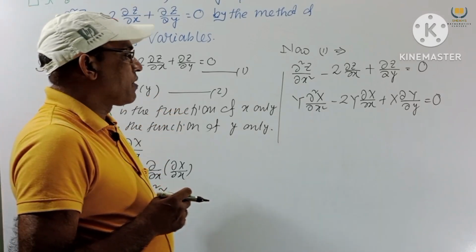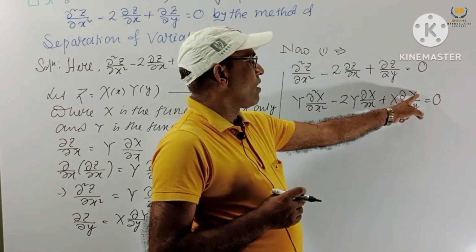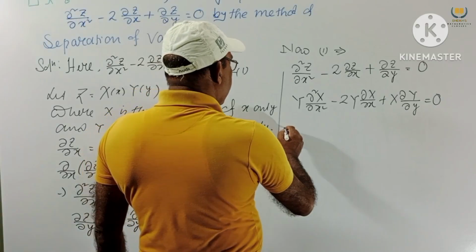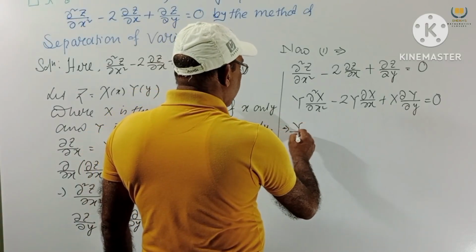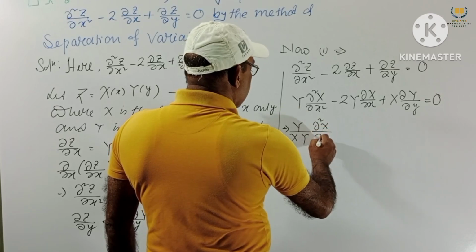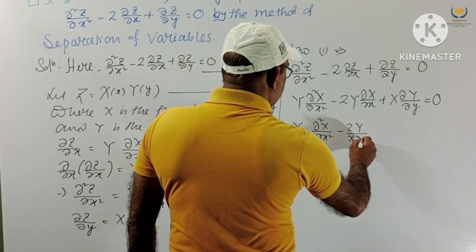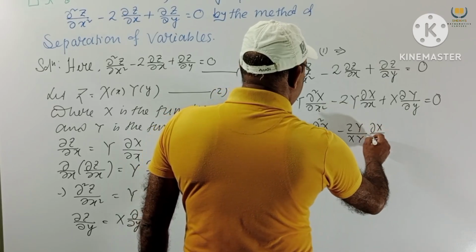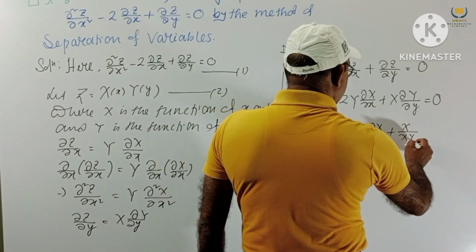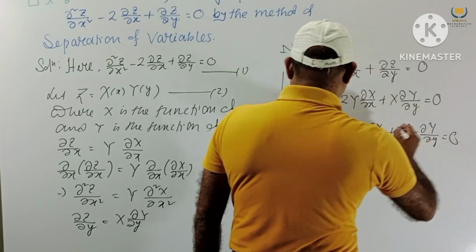So this is variable separation. Here X we get Y, here X Y, then Y X. We divide both sides by X Y. If we divide both sides by X Y, then Y by X Y del square X del x square minus 2Y by X Y del X del x plus X by X Y del Y del y equals 0.